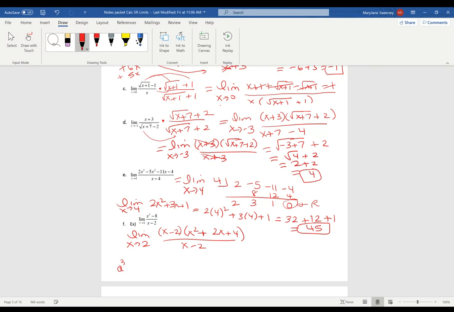So if you have a cubed minus b cubed, it factors as a minus b, a squared plus ab plus b squared. So remember, SOAP stands for same sign as the original, then opposite, then the third is always positive.